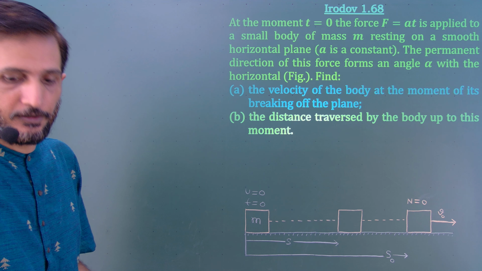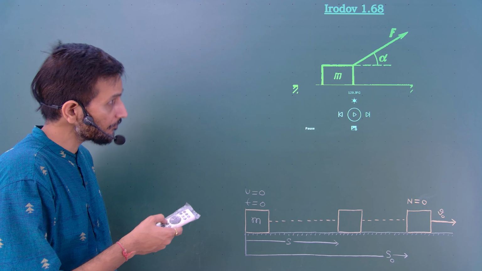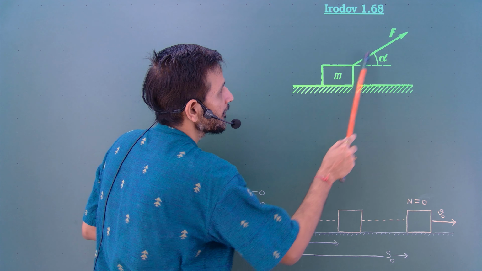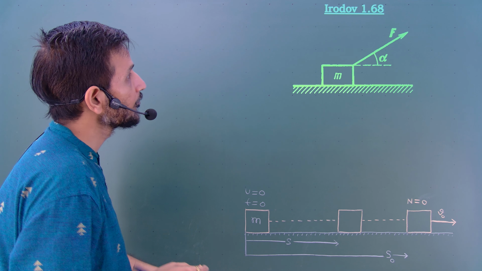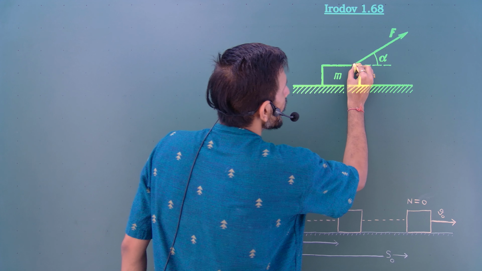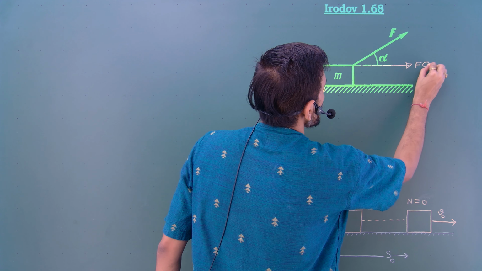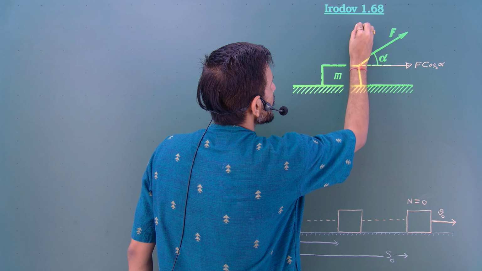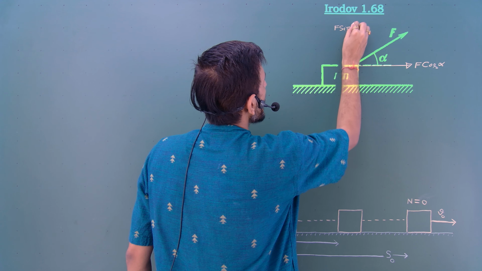So let me see the figure, then we decide what we have to find. This is the figure. The force F is acting in this direction. So there is a component of this force, one in this direction having magnitude F cos alpha and other having magnitude F sin alpha.